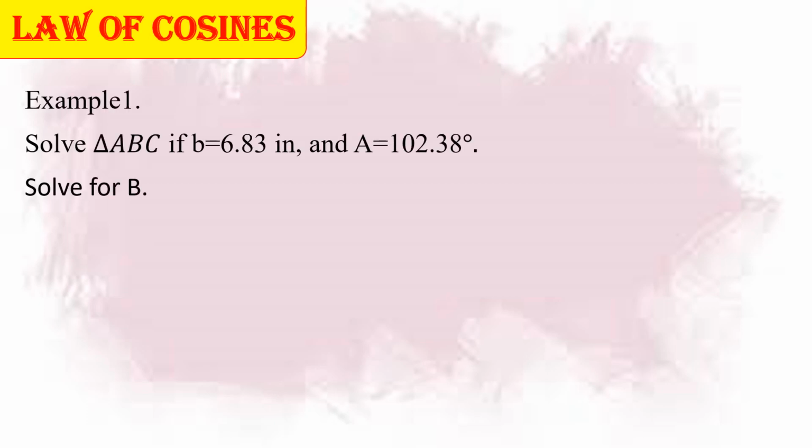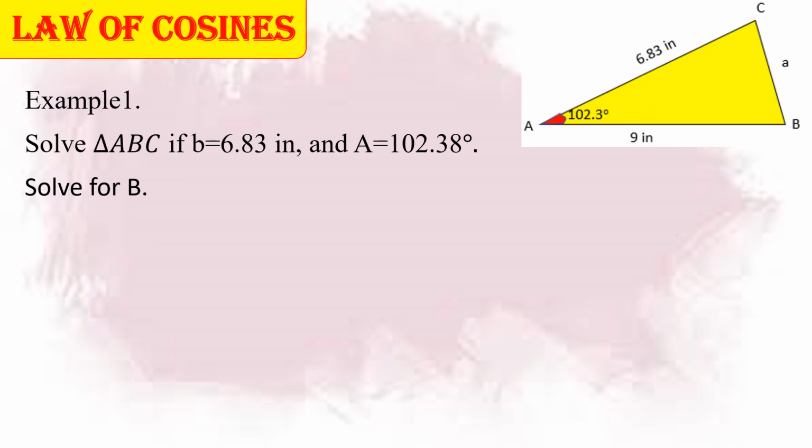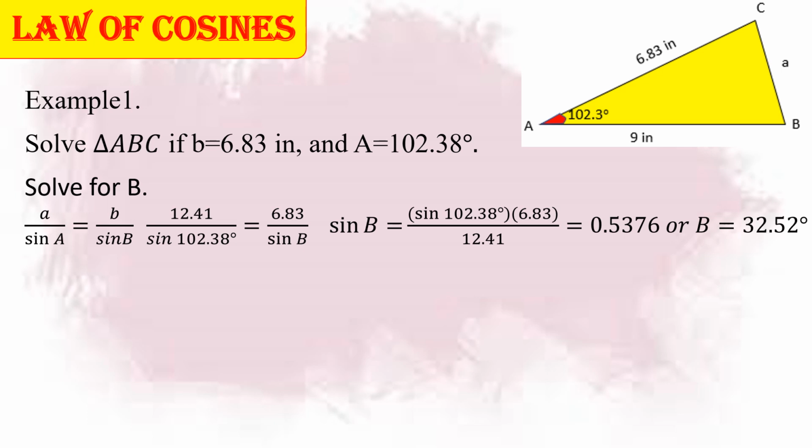Okay, now, next, the second part of that problem. So we will be solving for the B, or the angle B. So, in here, since we now have the complete measurements of the sides, which are side A, side B, and side C, and side A is what we just found in the last slide, we will now be looking for the angle B. So we will be using this formula from the law of sines.